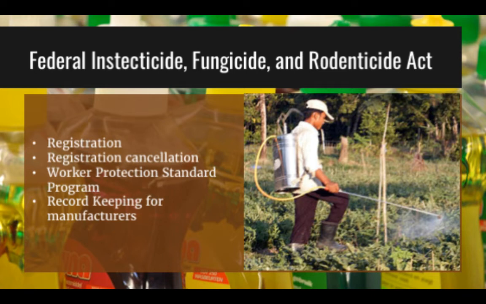If EPA denies a registration, they must give reasons to the manufacturer, who then has 30 days to correct those reasons, or else the denial is published in the Federal Register, allowing 30 more days for the manufacturer to seek further actions. Once a registration is canceled, the EPA allows pesticide stocks to be sold and used as long as there is no harmful risk to the environment.